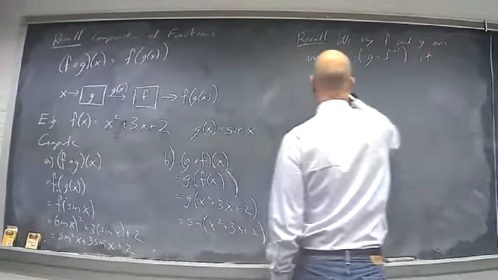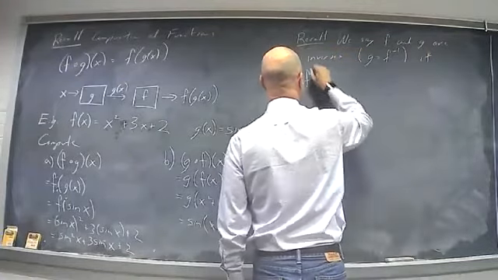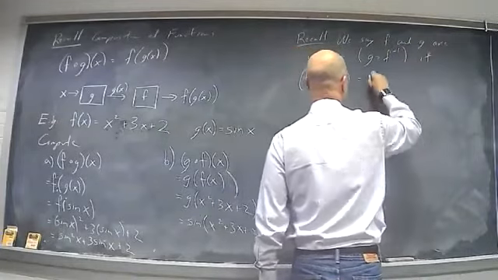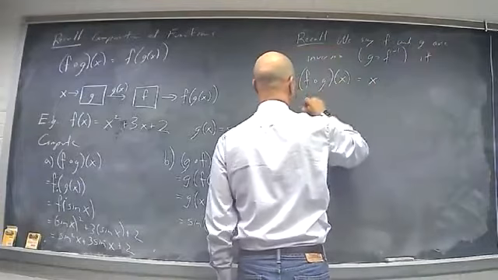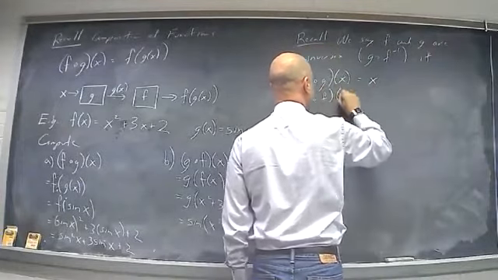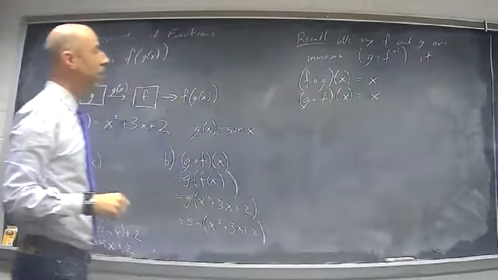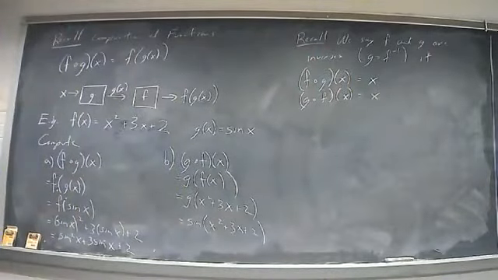If f composed with g of x is x and g composed with f of x is also x, if the composition in either direction just gives you back x.